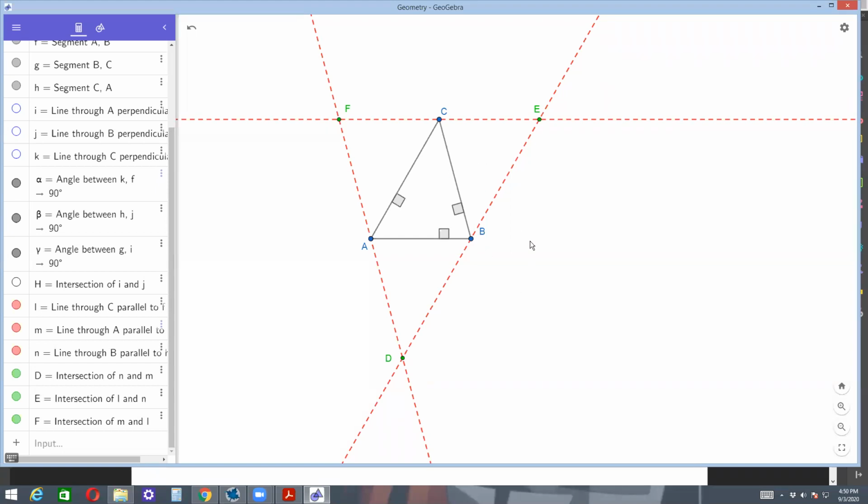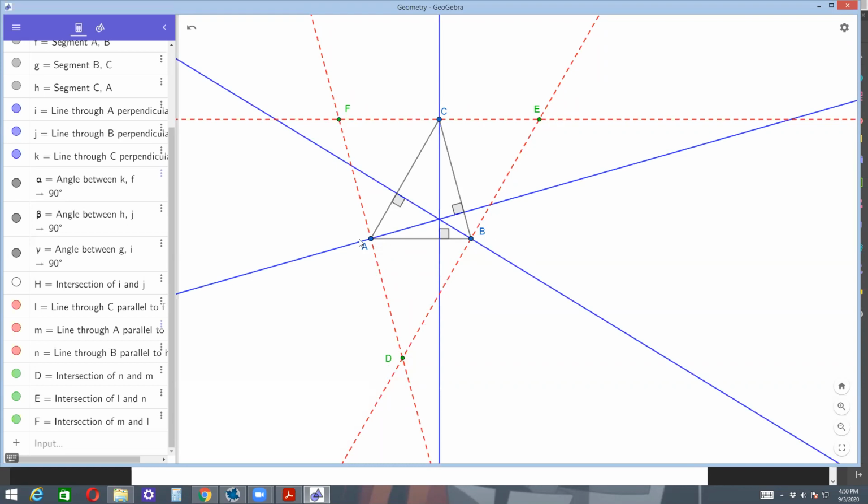So we could do a similar analysis and show that AC is equal to BE by considering this, and then also consider this and show that AC is equal to BD, and then therefore B is the midpoint of DE. And similarly, A is the midpoint of DF. So what we have is that A, B, and C are the midpoints of the sides of DEF. And these lines are perpendicular to the sides passing through those midpoints.